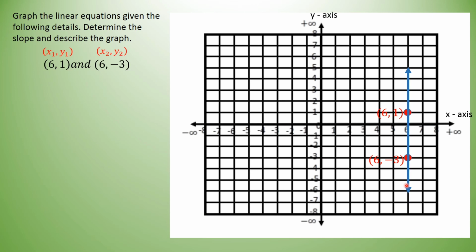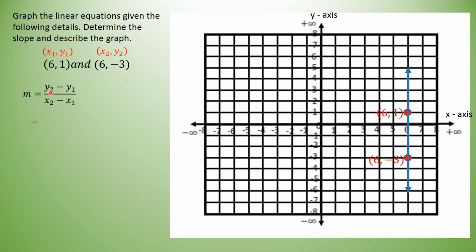Next, find the slope using the slope formula. M equals y sub 2 minus y sub 1 over x sub 2 minus x sub 1. Okay, so label the points. Next, substitute na natin yung ating given.